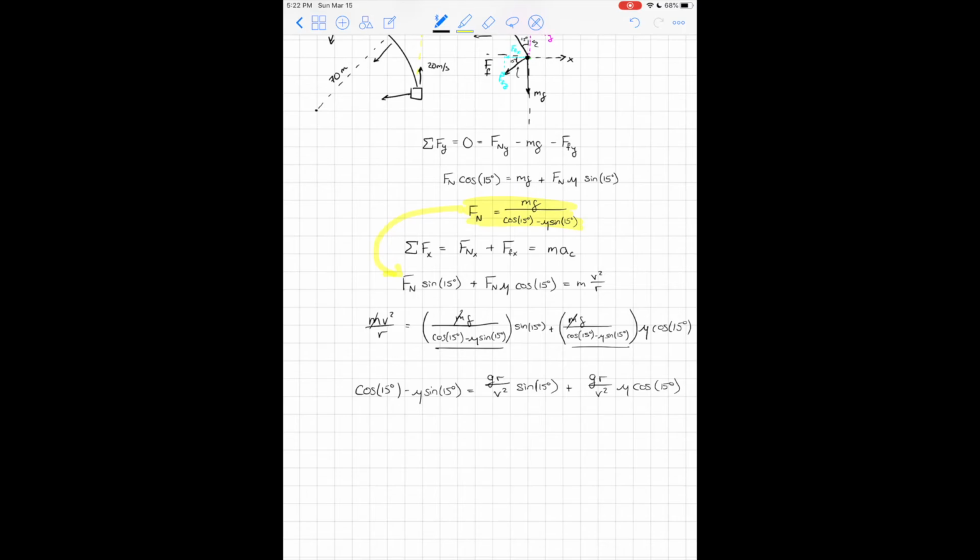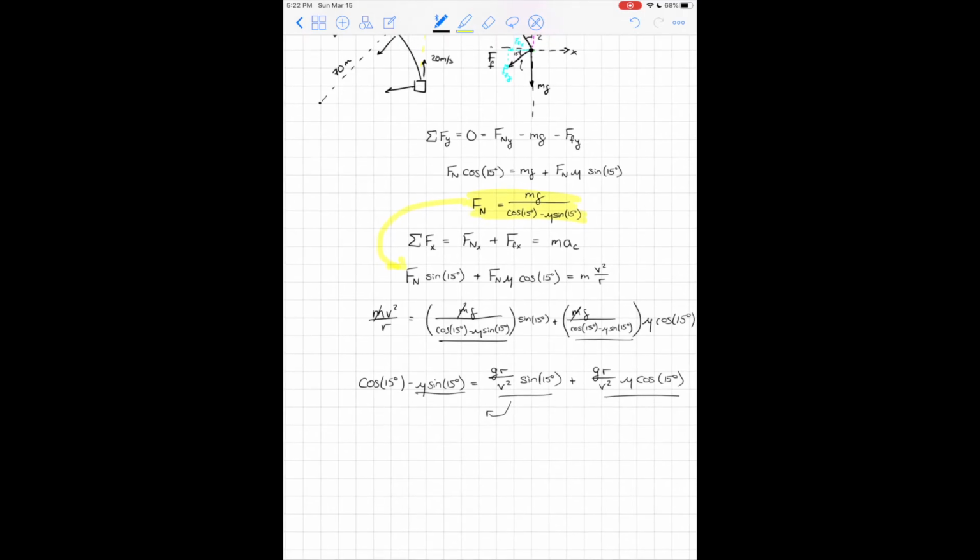I can isolate the mu terms here, throw this on the other side, consolidate, pull out a mu.